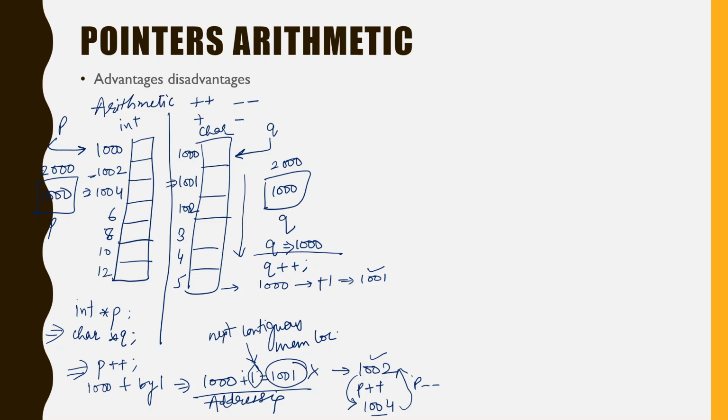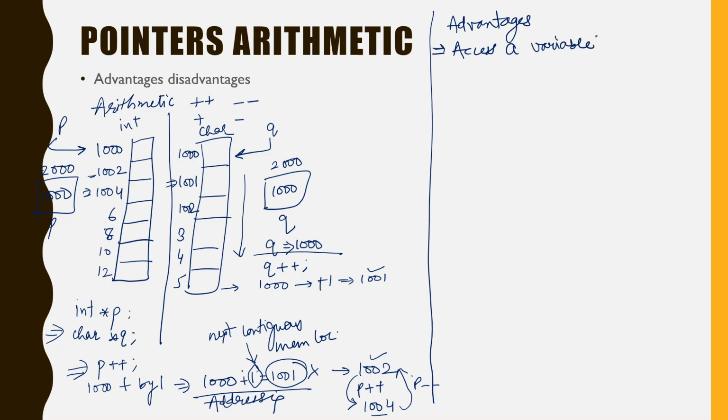Now there are some advantages and disadvantages available for pointers. Obviously, advantages you can count: you can access a variable's value without accessing the name of the variable, like we did before.